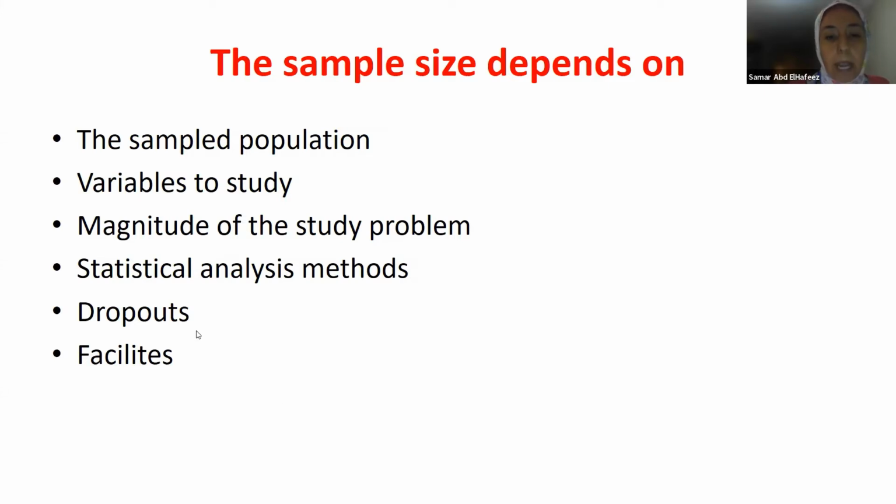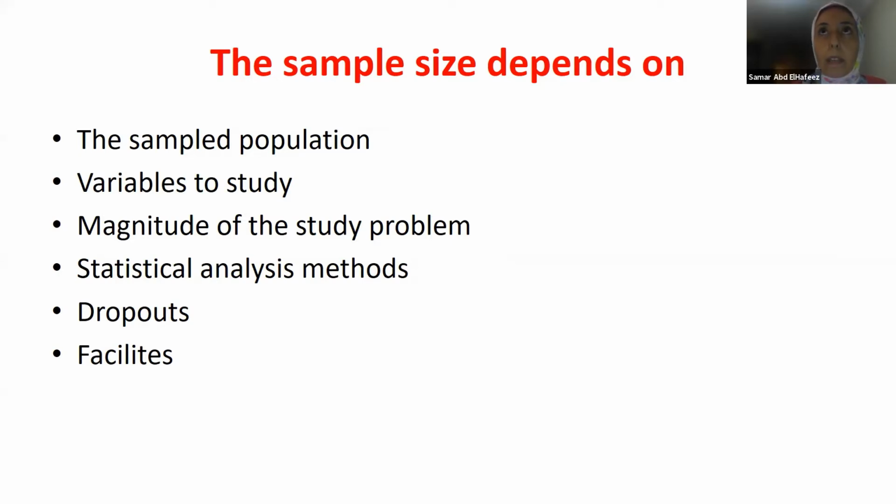What's the dropout? Because this will need me to follow the patients or the population, I'm expecting that I will not be able to follow all the study population. So I need to increase the sample size to overcome the problem of dropout. What's the facility? Will I be able to do it door by door?